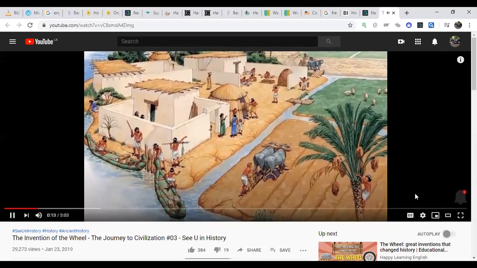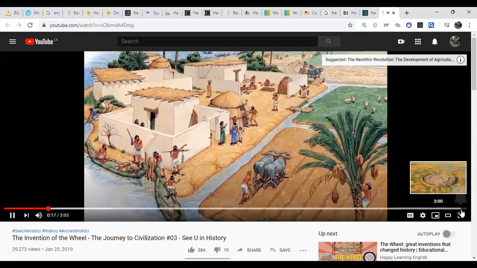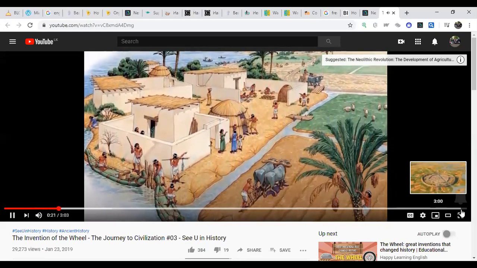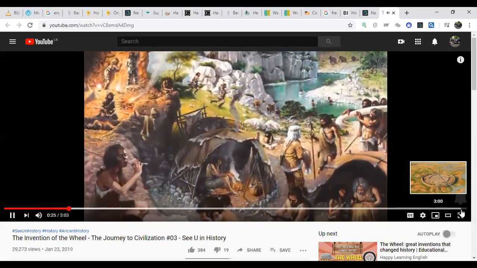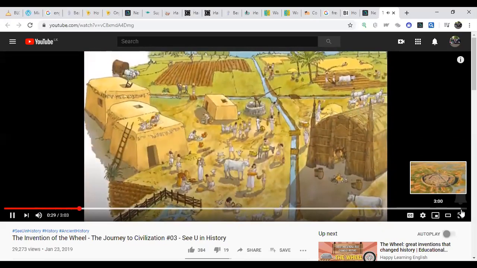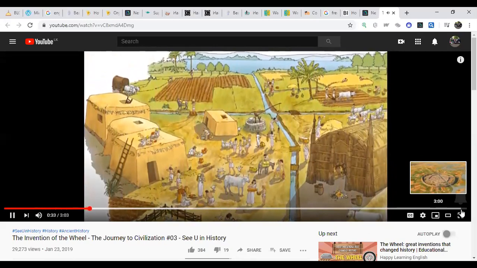After mastering agriculture and livestock, man gradually abandoned his nomadic lifestyle and societies became sedentary with the first permanent settlements. This cut with the nomadic past became known as the Neolithic Revolution. Some settlements kept developing themselves and their population began to grow in numbers.